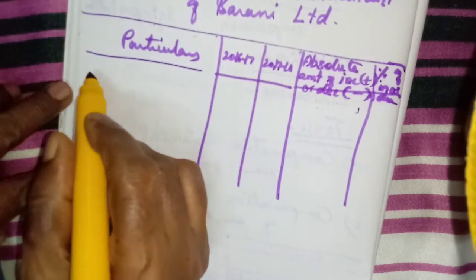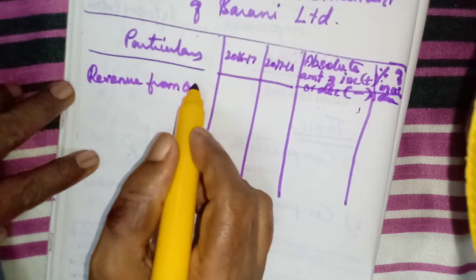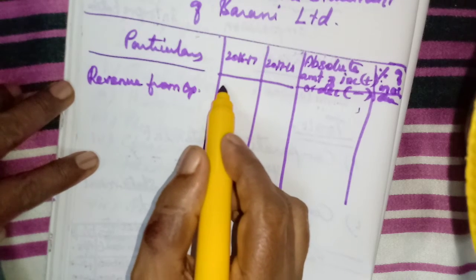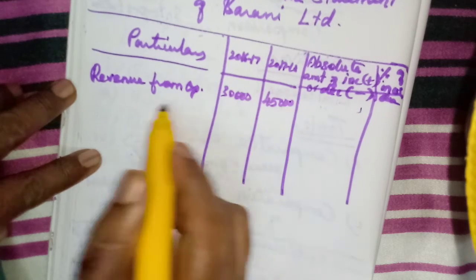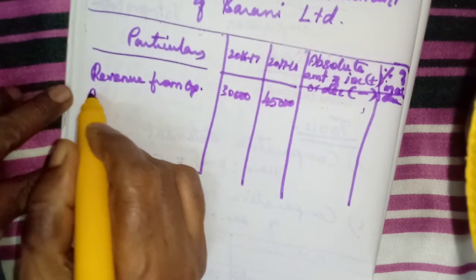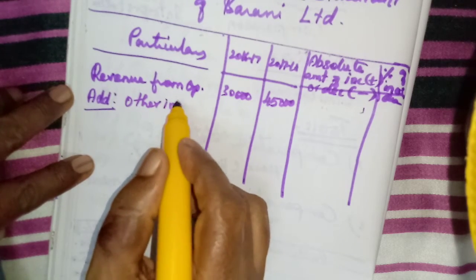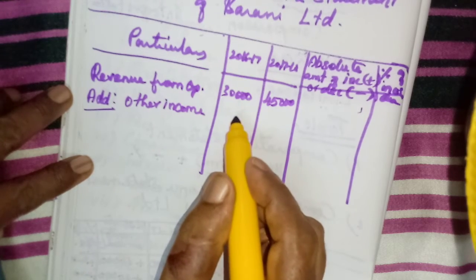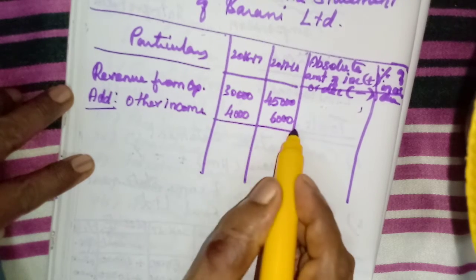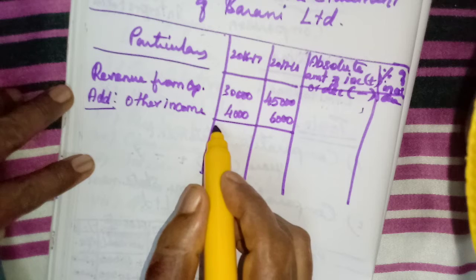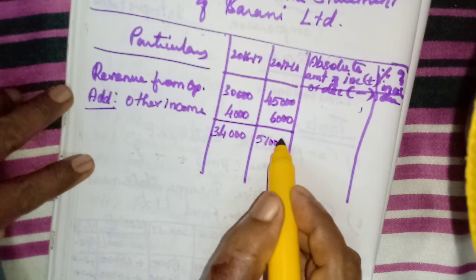First one, revenue from operation, 30,000, 45,000. Then add other income, 4,000, 6,000. Add and write 34,000, 51,000.